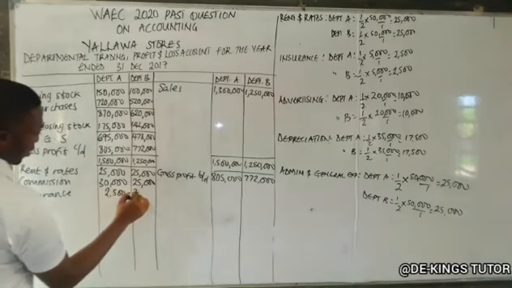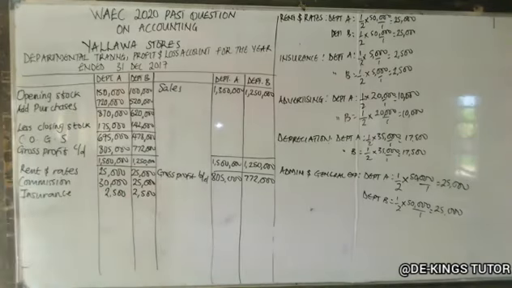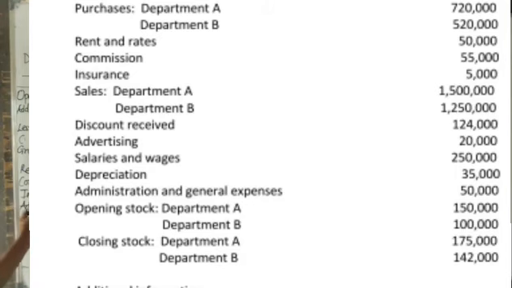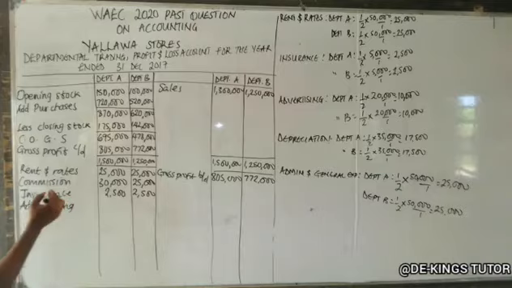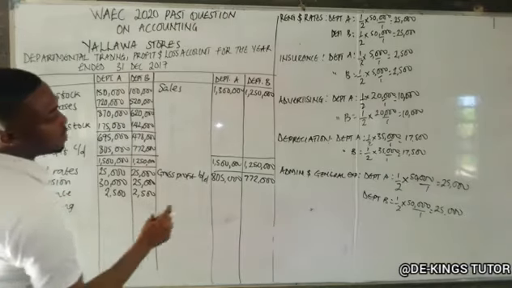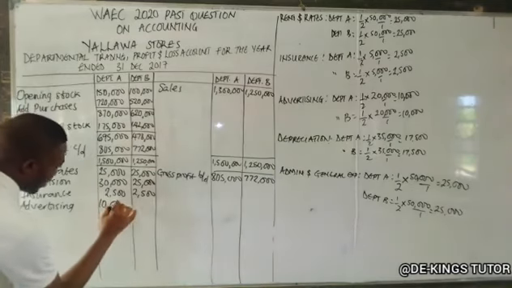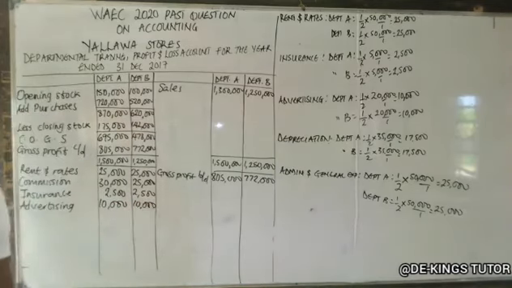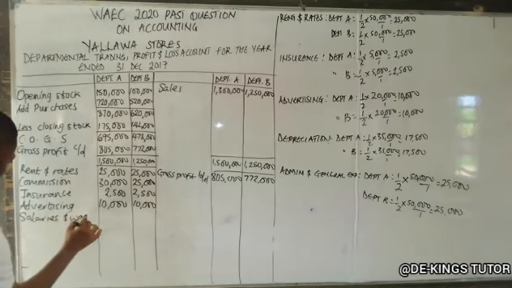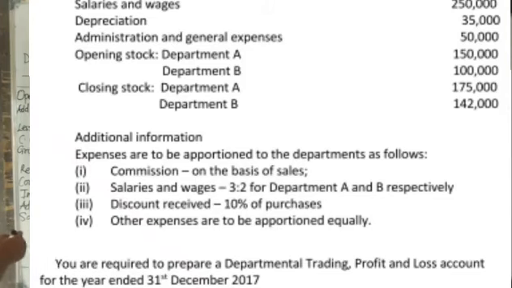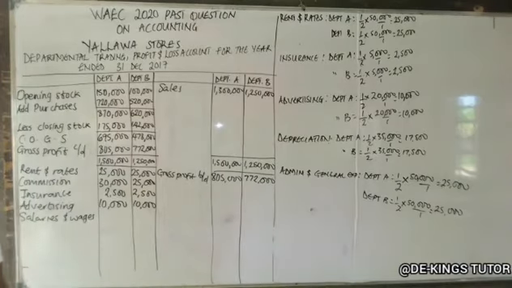So the next one is salaries and wages. We did adjustment also. That was the one we claimed. So Department A is 150,000, while Department B is 100,000. And the next one is depreciation.